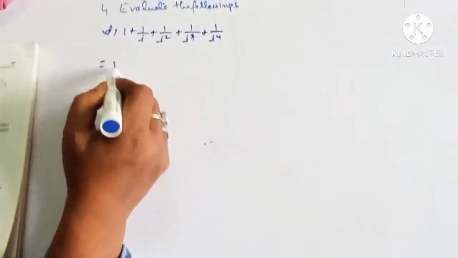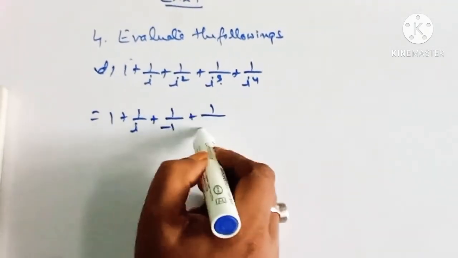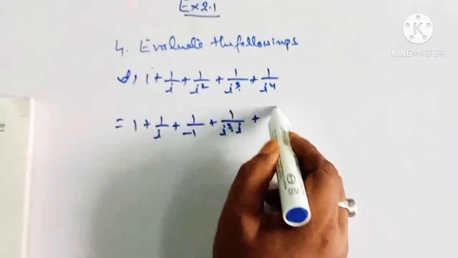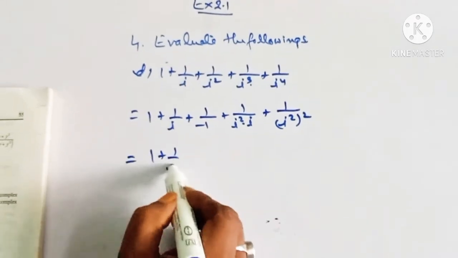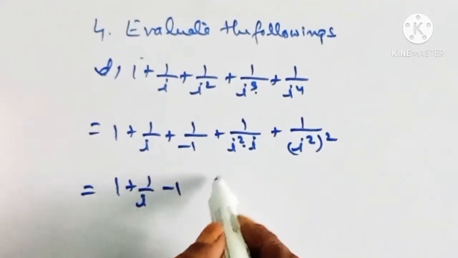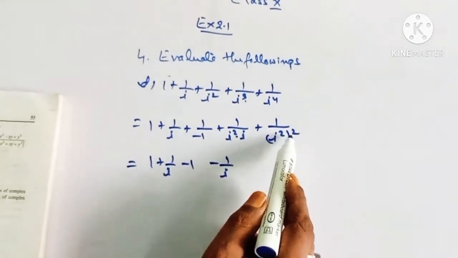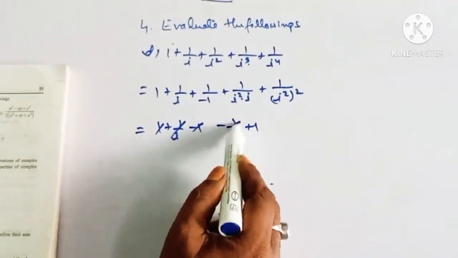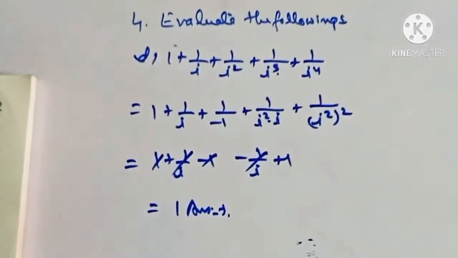So I can write this as 1 plus 1 by i, 1 by minus 1, 1 by i square into i square into i, plus 1 by i square the whole square. So this will be 1 plus 1 by i minus 1, and this is minus 1 by i, and this is i square minus 1, the minus 1 also 1 plus 1. So here this and this cancel out, this and this cancel out, 1 is the answer. So here see D, this is equal to 1.